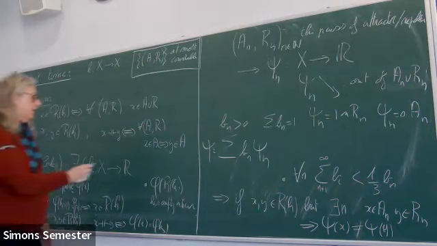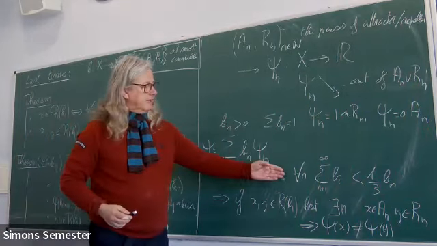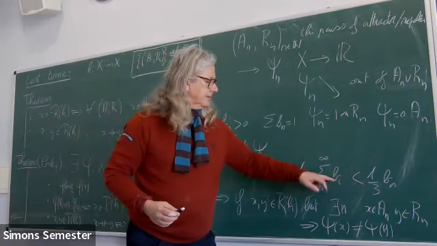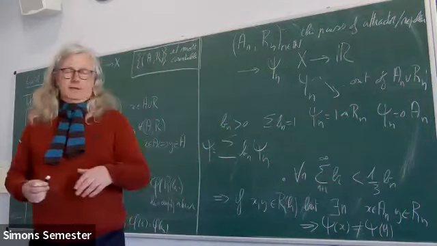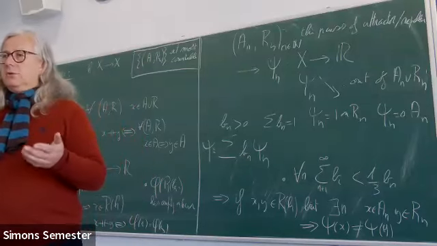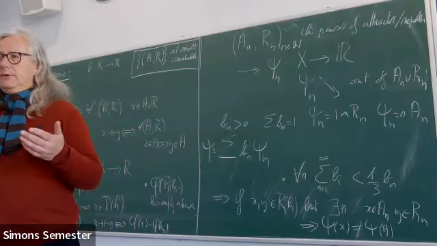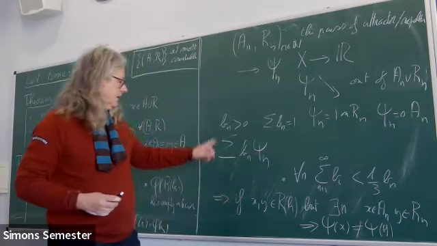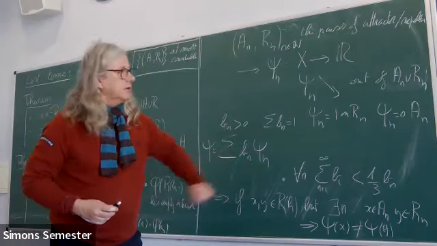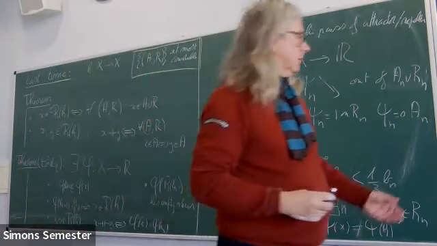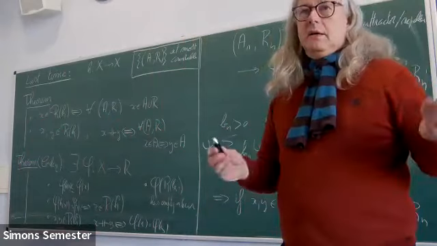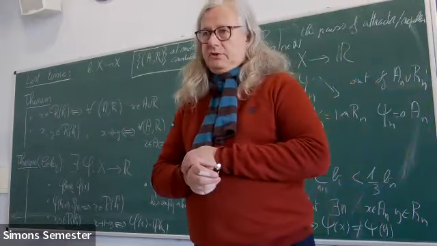I said you have to check, but that is truly not difficult. It means only that the Bn are decreasing fast enough. You can make them decrease faster so that not only does this sum converge uniformly, but also in the C-infinity norm, if you want C-infinity Lyapunov functions.